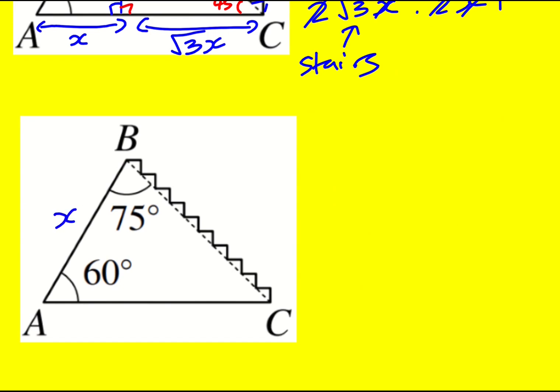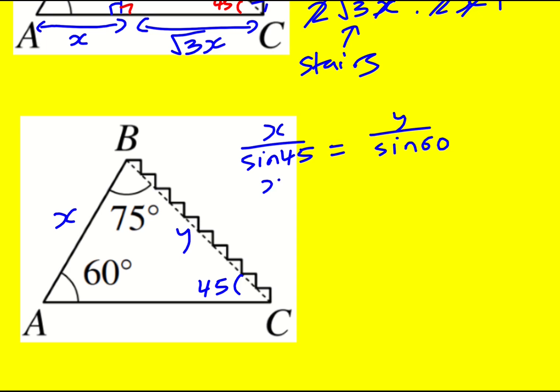So I'm going to call this side x, and the slope here, the dotted line, y. This angle is 45, and then using the sine rule, you can write down x over sine 45 is equal to y over sine 60. Using knowledge of exact values of trig, I'm not going to derive these here, I get x over 1 over root 2 is equal to y over root 3 over 2, which means root 2x is going to equal 2 over root 3y.